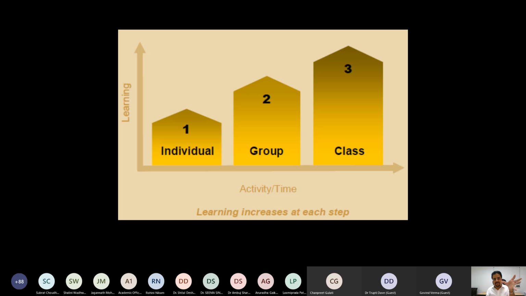What happens in this scenario is that at every stage the learnings are different. When you are handling a case individually as a student, the learnings will be a bit limited. But when you are handling it in a group, you are having a conversation around that case, and maybe one is from commerce, one is from arts, one is an engineer, one is a different kind of engineer.